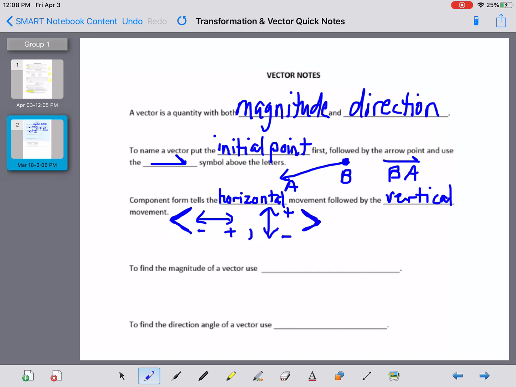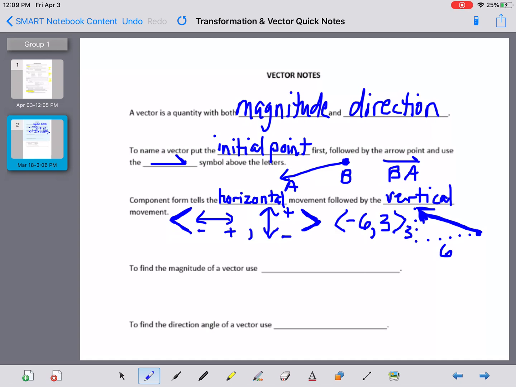So if I had -6, 3, remember, that's not an ordered pair. It tells me from wherever I start, I'm going to go left 6, 1, 2, 3, 4, 5, 6, and then go up 3 because it's positive. And there's my vector, this blue line here, my arrow. And this is all direction and how I go.